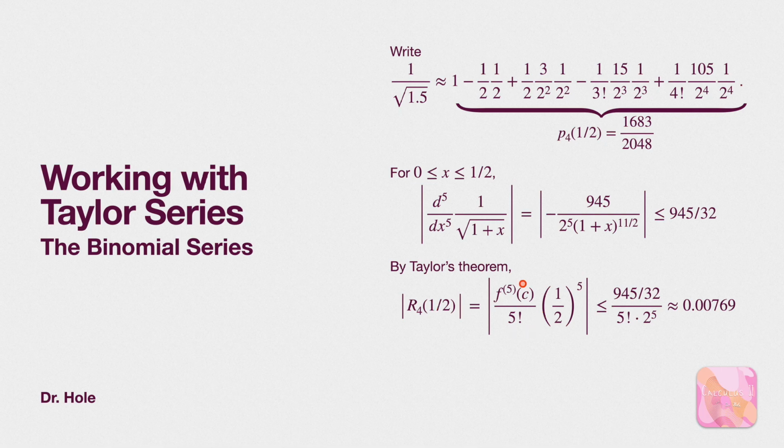Nice. And then by this estimate that we came up with, we're going to swap out the fifth derivative at c by 945 divided by 32. And then we come up with the remainder is estimated by 0.00769.